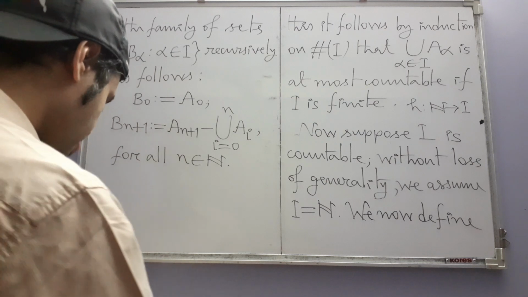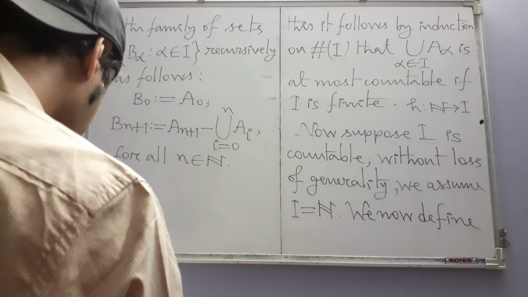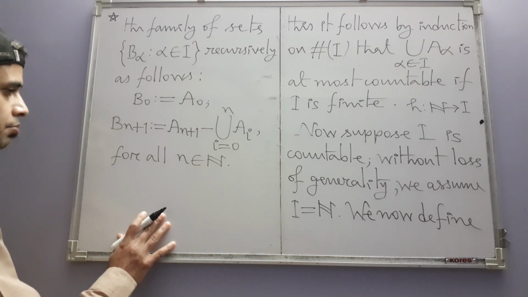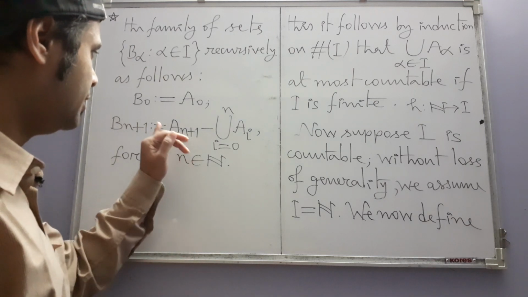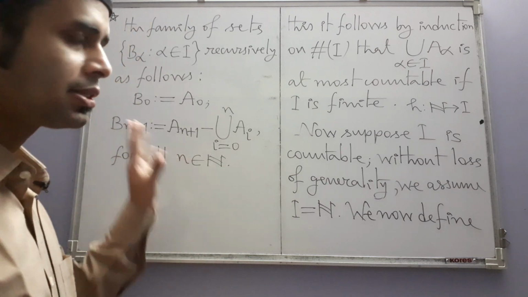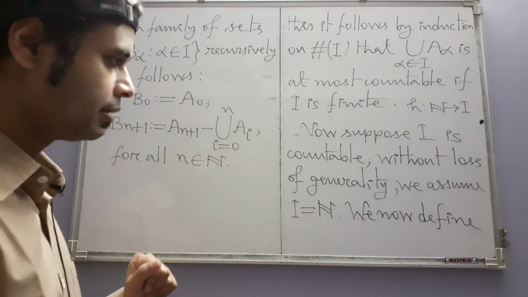Okay. Now what we are going to do, we are now going to prove that these Bn's, of course, the way we have defined these Bn's, they are going to be some sets like the An's.